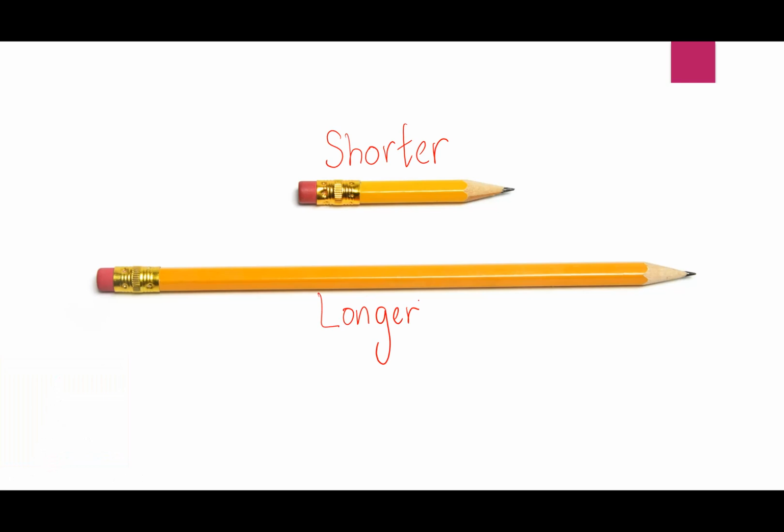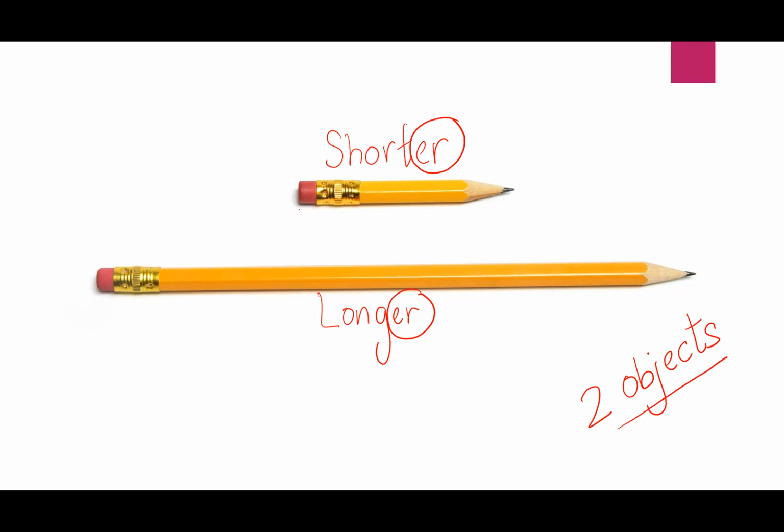One thing I want you to know is, remember this, when we are comparing two objects, we will use ER. You see this ER? Shorter and longer. You understand which is shorter and which is longer? Look at this pencil.